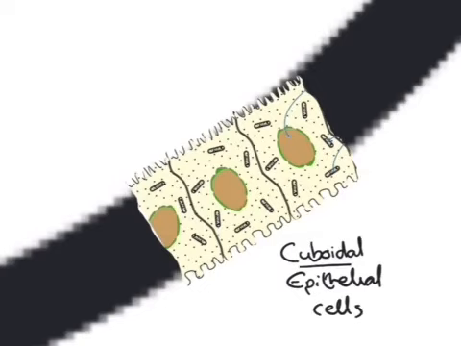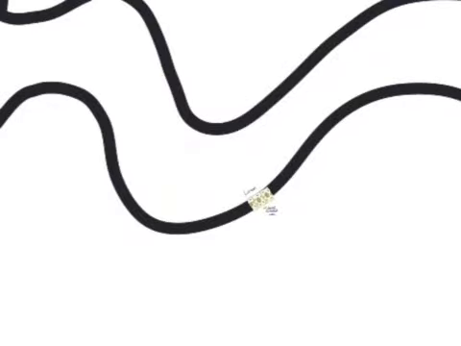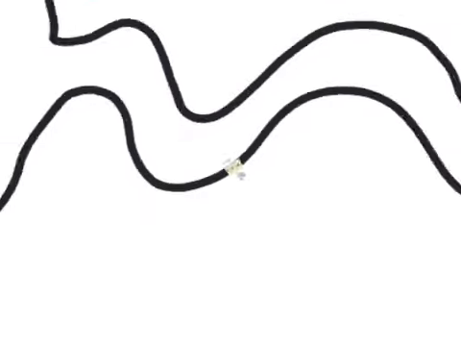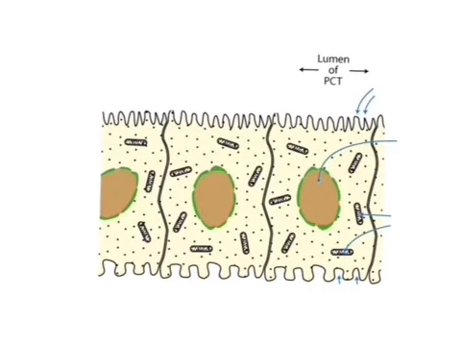Cuboidal just means they're more square shaped than, remember, in the ileum they were columnar, so they'll expect you to say that. So this is the lumen, in other words, this is the inside of the proximal tubule. So I have some that are sitting square. We'll have a look at them.